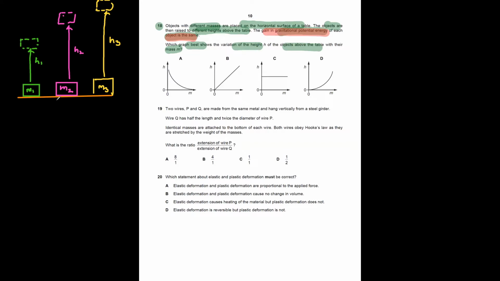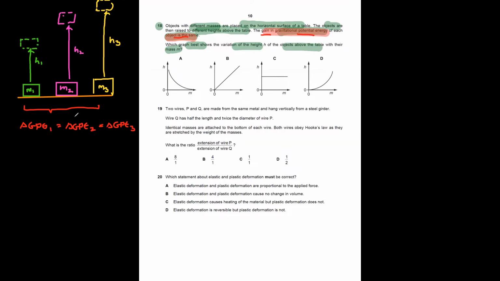But what the question did mention to you here is that the change in GPE for all three is supposed to be the same, because they mentioned the gain in GPE of each of the objects is the same. So what this essentially means is this: change in GPE of 1 is the same as change in GPE of 2, is the same as change in GPE of 3.